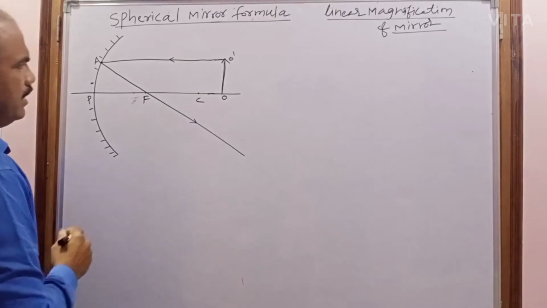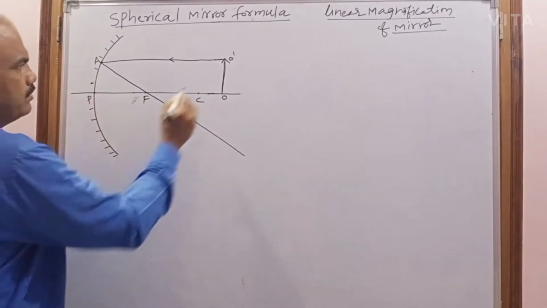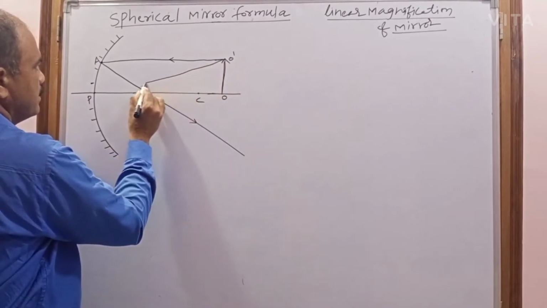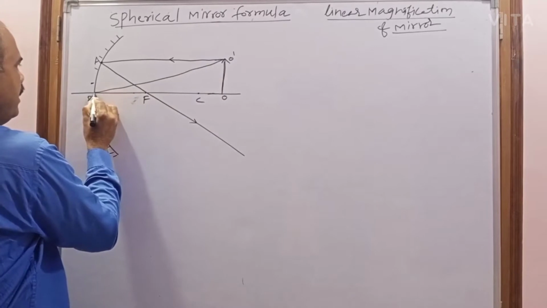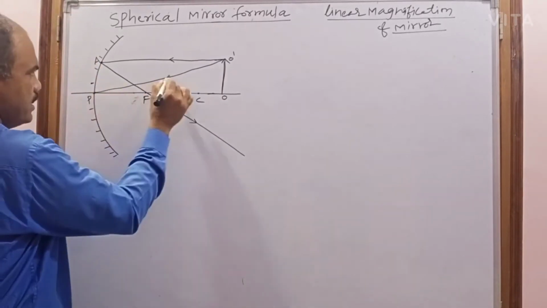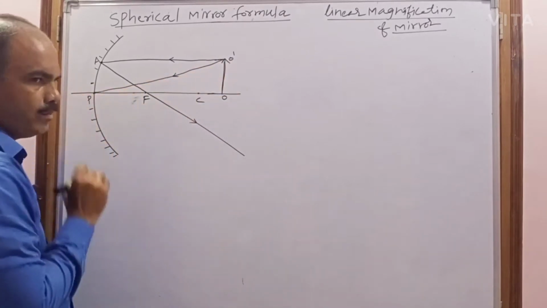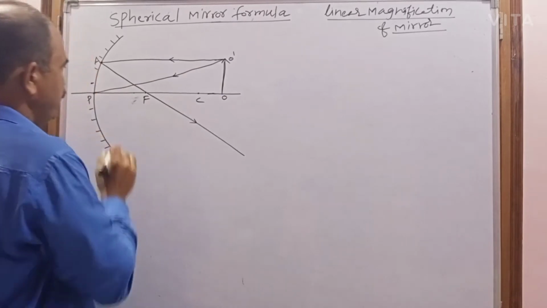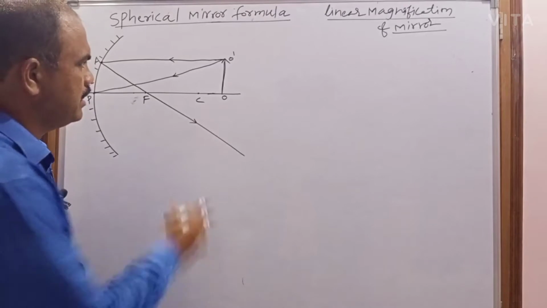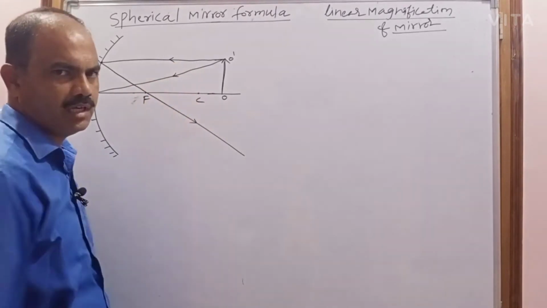Next I am taking another ray, which is incident at the pole. With whatever angle it is incident, it will be reflected with the same angle, because it is not parallel to the principal axis, not passing through the focus, and not passing through the center of curvature.